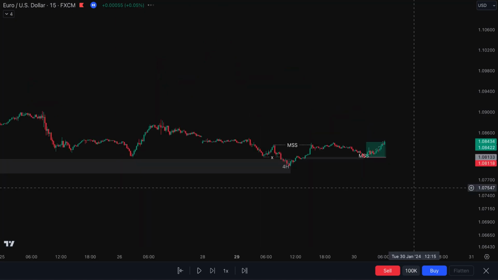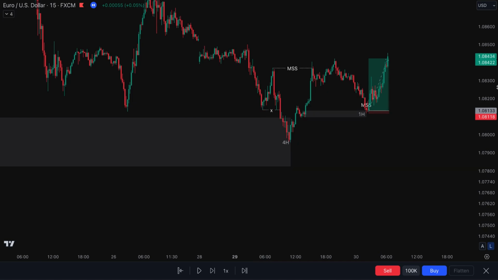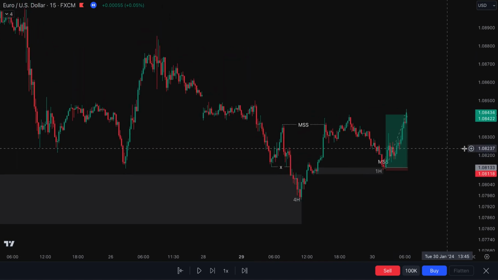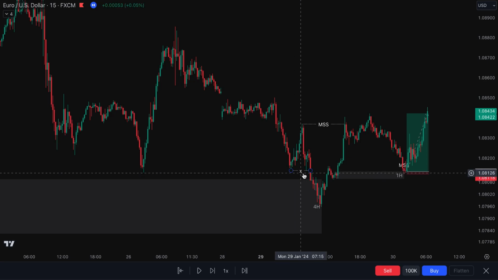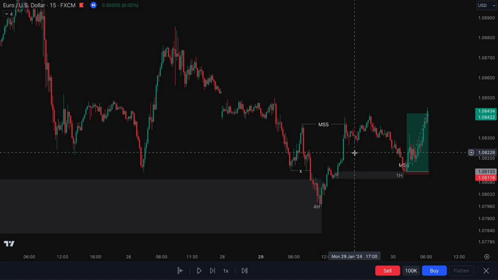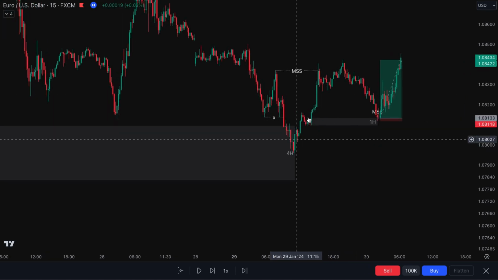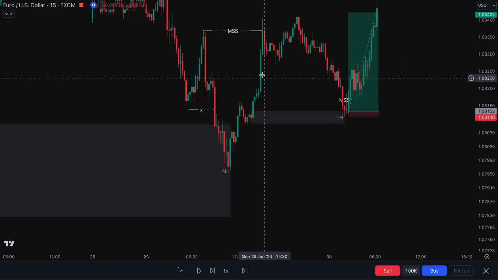If we drop down time frames, you can see that I applied exactly the same model I do every time. I waited for this sweep, then we had a market structure shift with a very impulsive move. As you can see here, we have imbalances right here.